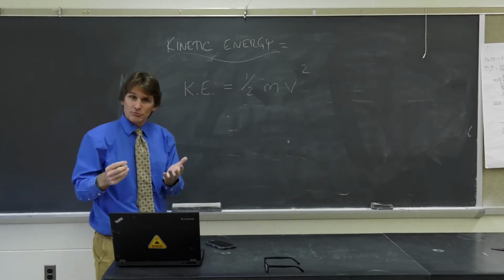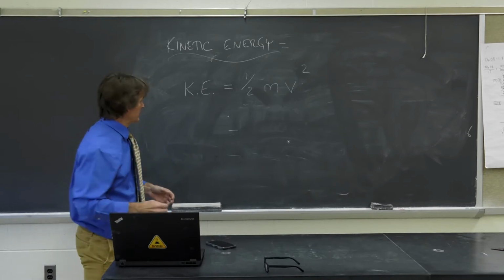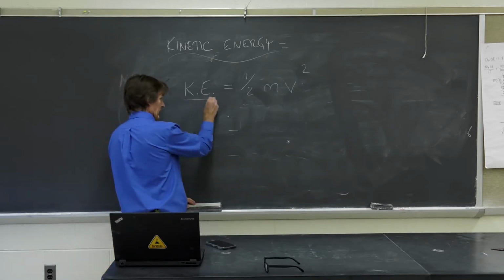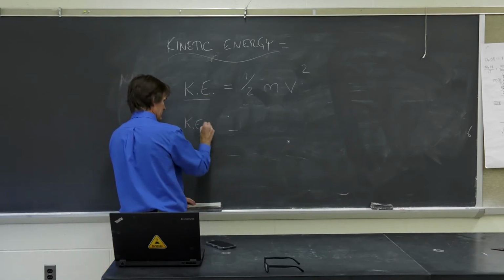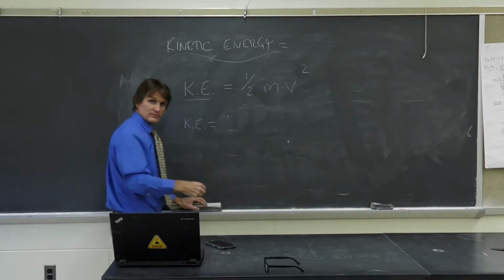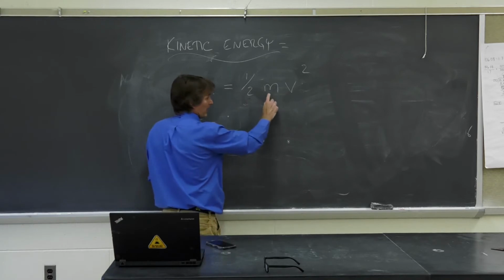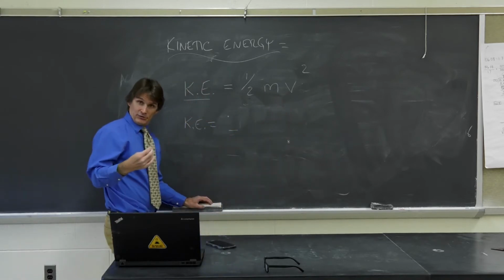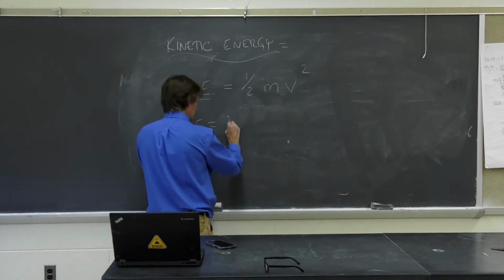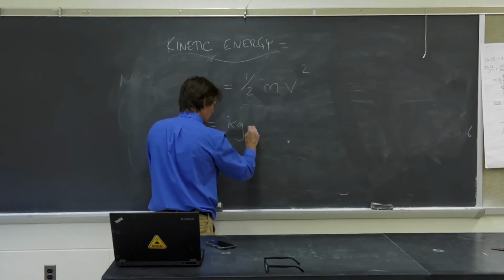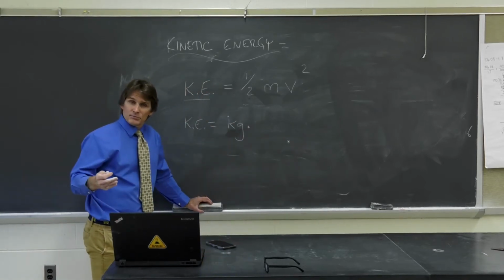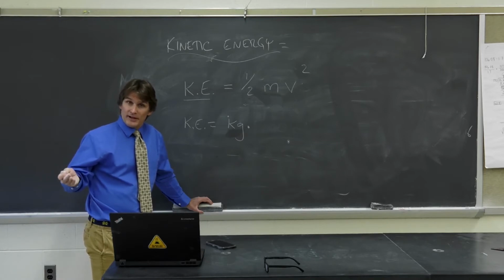And if we're going to use our regular metric units for this, here's our energy, our kinetic energy. That's going to be 1/2, which is a number. It has no units associated with it. For mass, we're going to use kilograms. So mass is measured in kilograms. And speed, well, we can use meters per second for that.